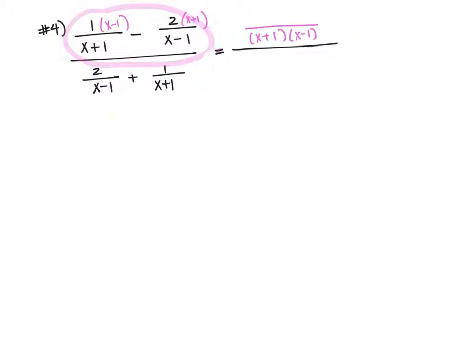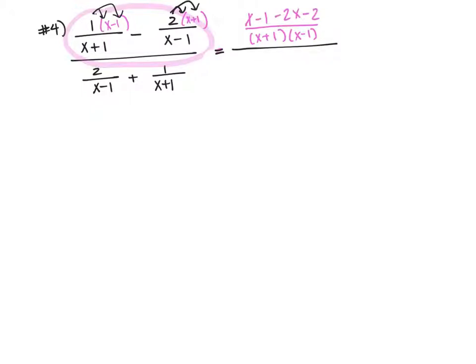When I distribute this 1 into here, I have 1 times x minus 1, so that's going to be 1x minus 1. And then this here, I'm distributing this negative sign along with this 2, so that's really negative 2 that I'm distributing. If I distribute that negative 2 into here, that's going to be negative 2x minus 2.